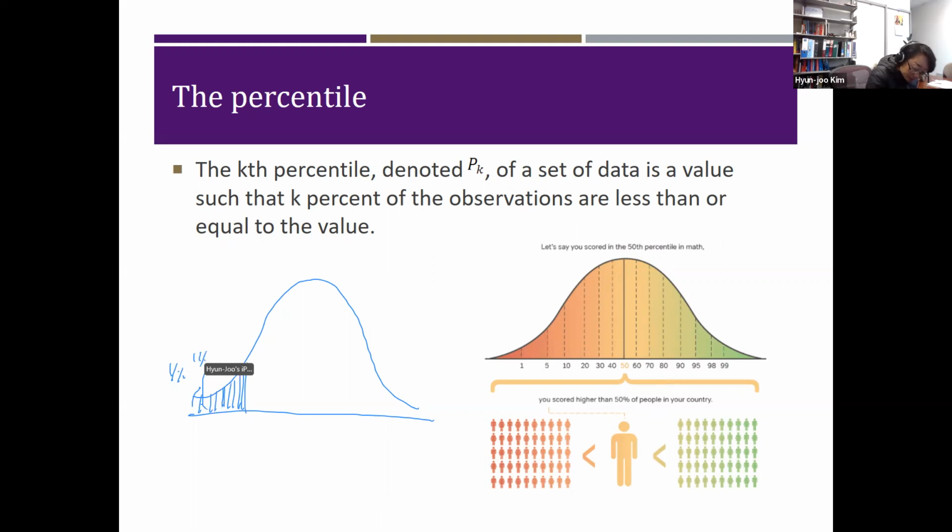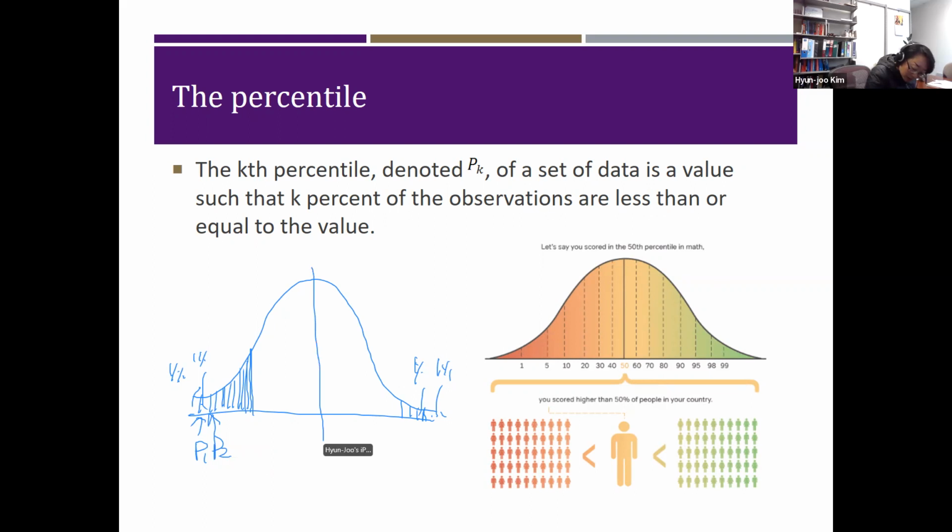Since this one is taller in the middle, the slices will get skinnier here. But anyway, you can do similar things here as well, right? So the last one is 1%, and then this one is 1%. The first one is the first percentile, the second one is the second percentile.